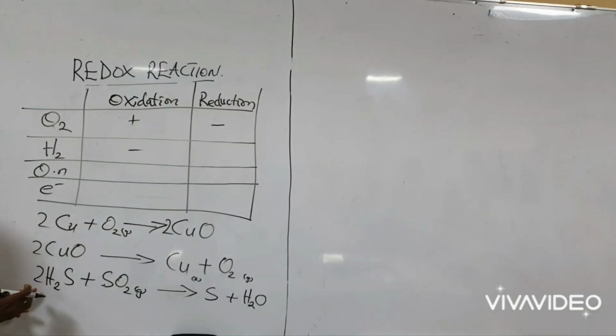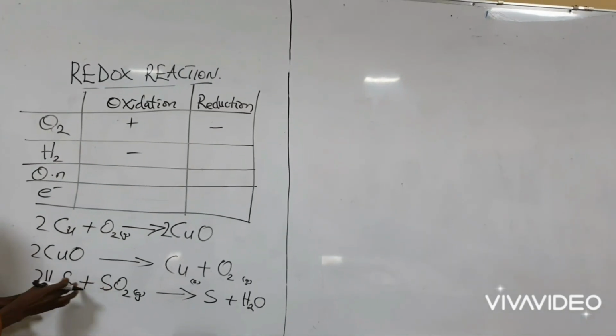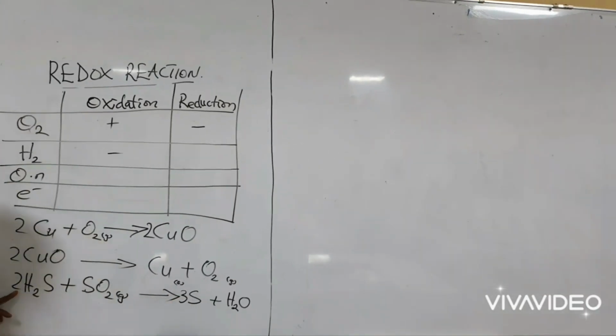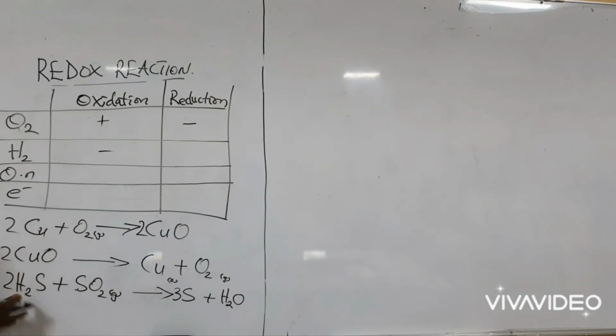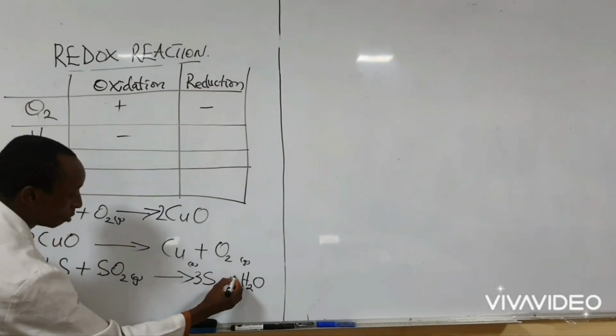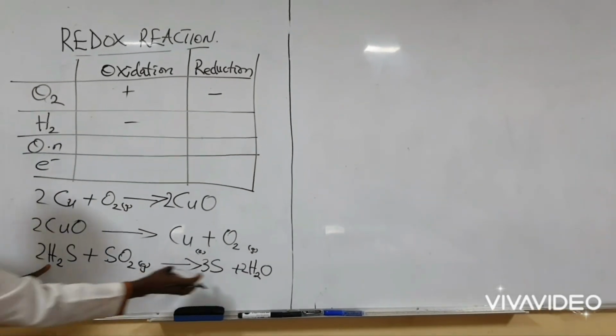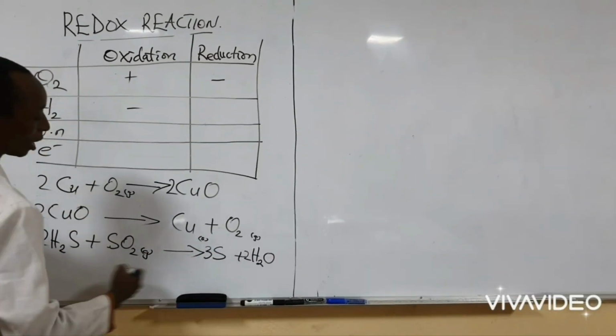Yes, let's try to balance that equation. We have 3 atoms of sulfur, so making 3 moles there, 4 atoms of hydrogen, and 2 atoms of oxygen. This is balanced.